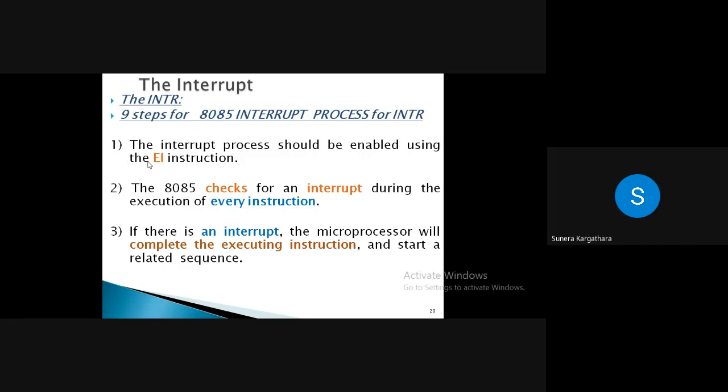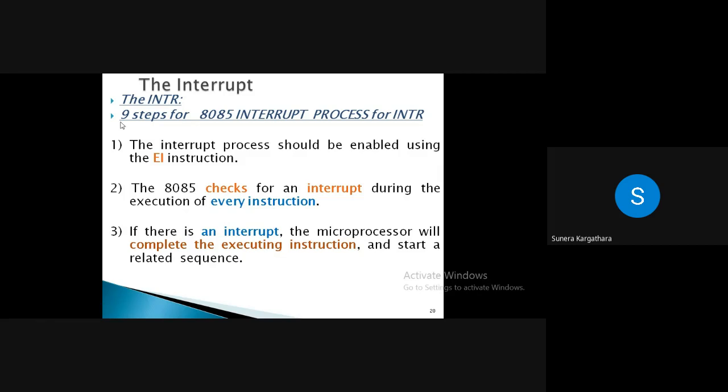So for any interrupt to occur, it has to enable this interrupt enable flip-flop, right? If this interrupt enable flip-flop is 1, that means the processor will understand that there is an interrupt.